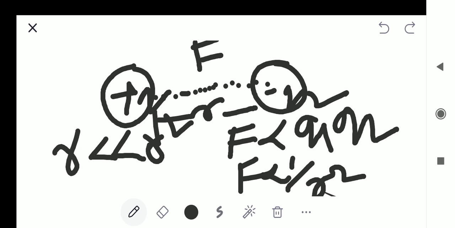To avoid this negligible nature of the force, we took r square in place of r. That is the reason in place of r we consider r square.